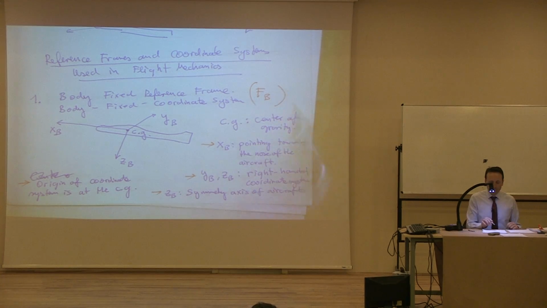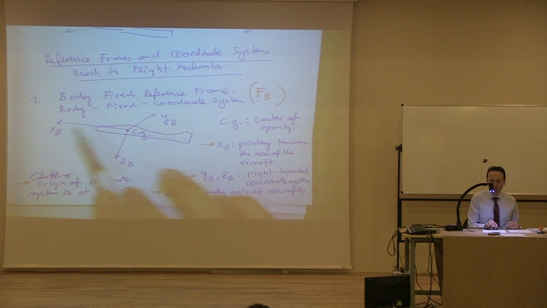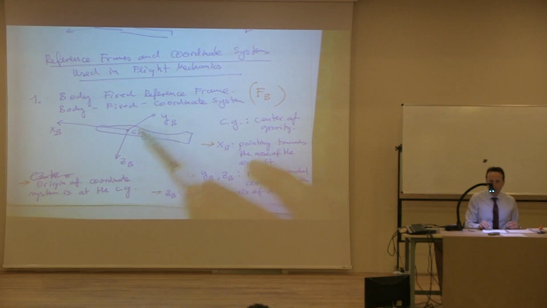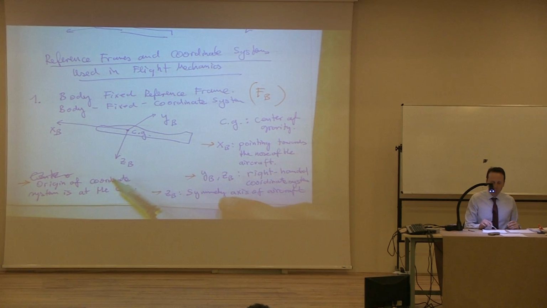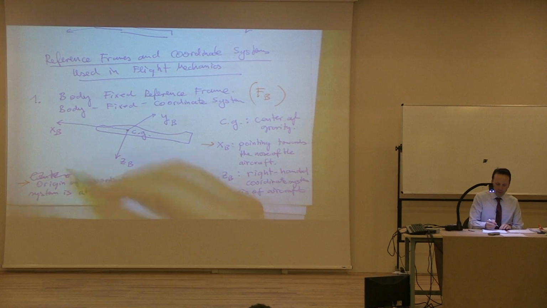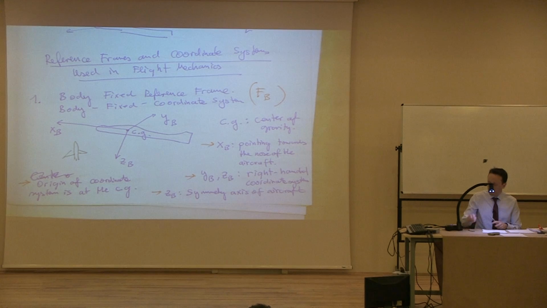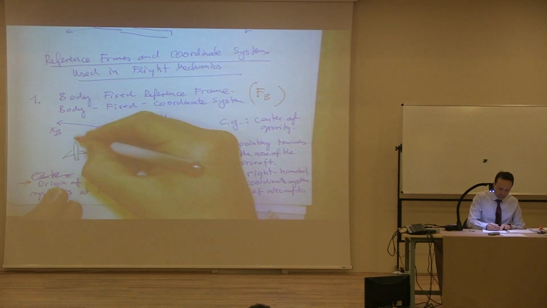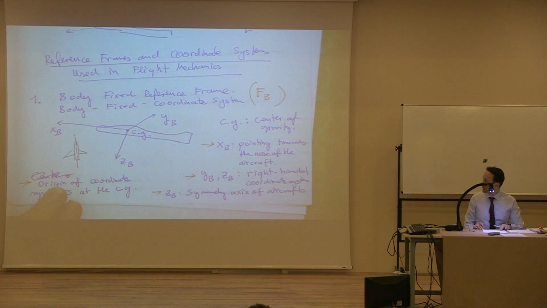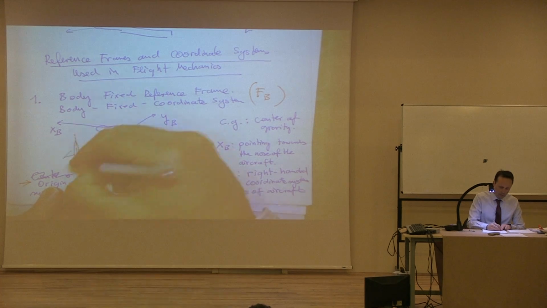FB refers to the body fixed reference frame, and we define the body fixed coordinate system. So the way we define it is that XB is towards the nose of the airplane, YB is to the side, and ZB is downward, typically in the symmetry plane of the airplane. So when I say symmetry axis, I really mean this. You have an airplane like that, and this would be the symmetry axis here.